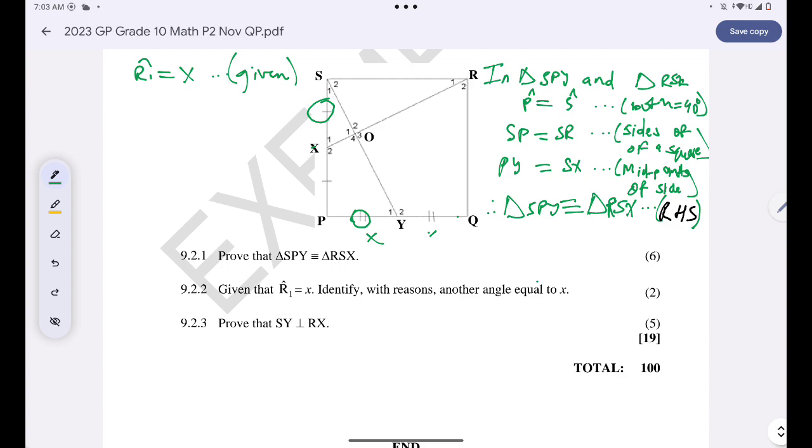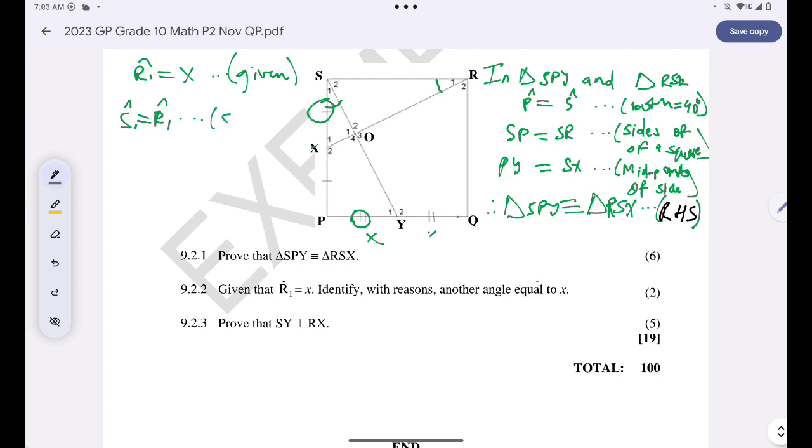Since SX subtends angle R1, it simply means that PY subtends S1. That means R1 and S1 are the same because they are subtended by equal sides of congruent triangles. I can therefore conclude that angle S1 is the same as angle R1.